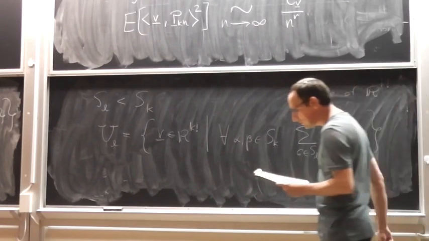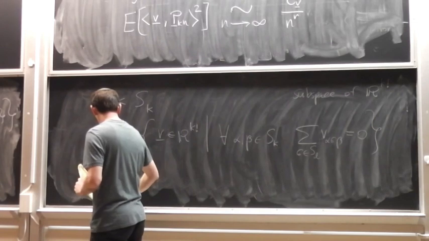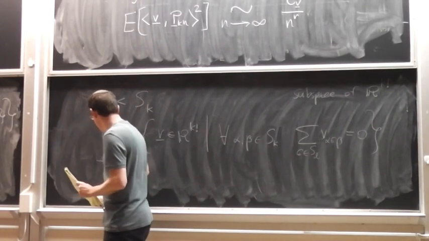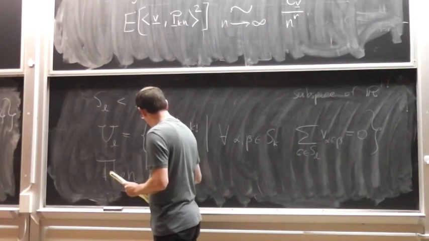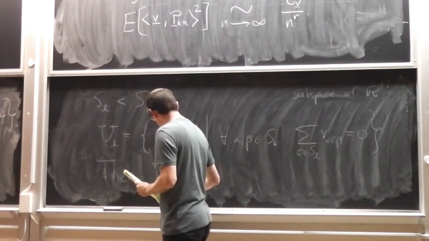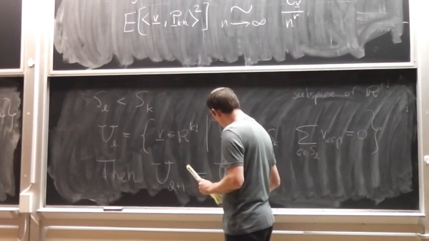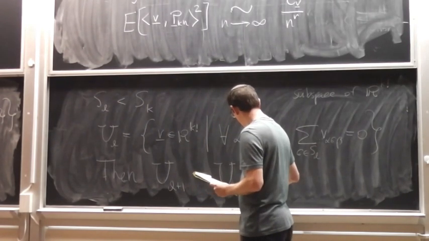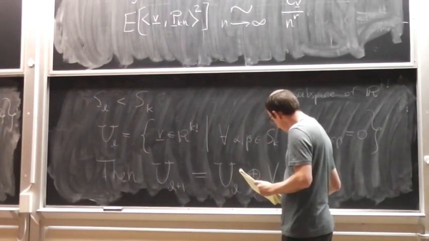And it turns out, so this is now an exercise, if you already know all the representation theory stuff, that U_{L+1} is equal to U_L direct sum with V_{K-L}.